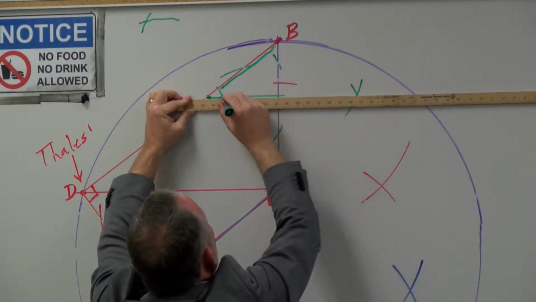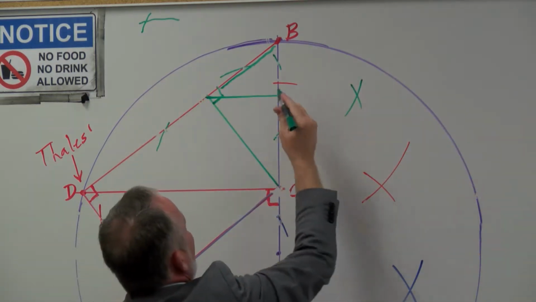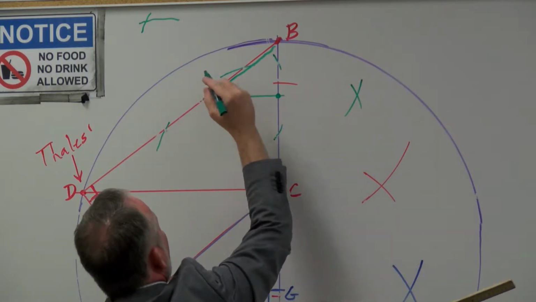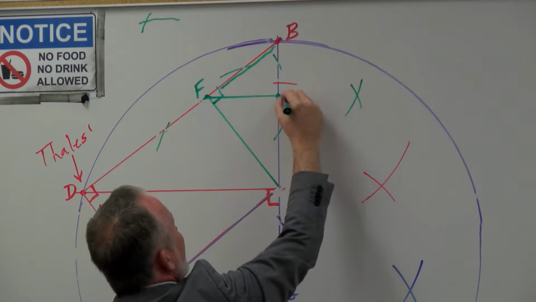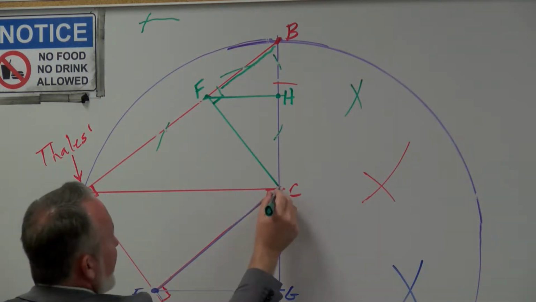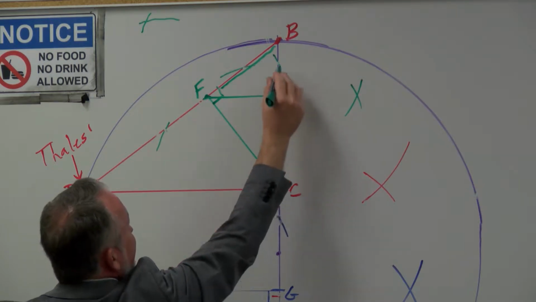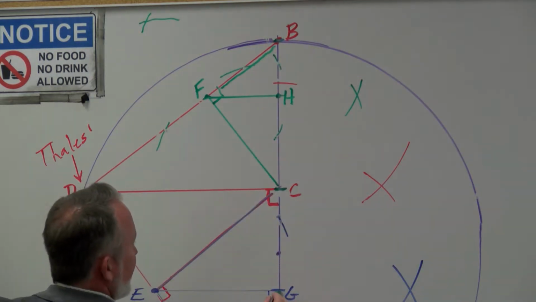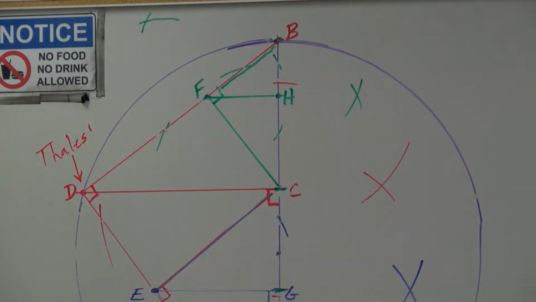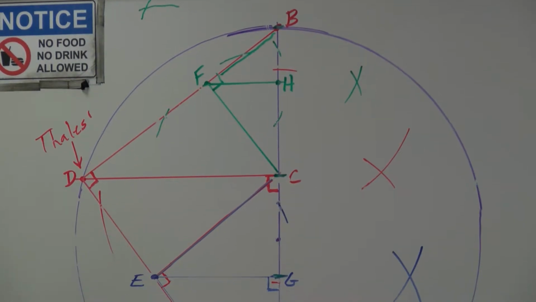And so now I'm going to call this F, and I'm going to call this H. So now we have the line divided according to the construction that Socrates gives for the analogy.